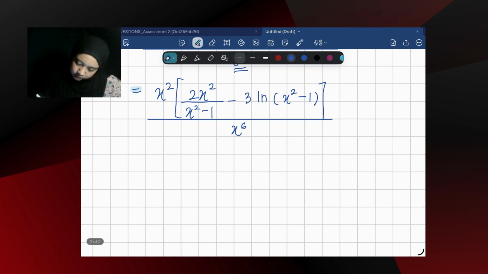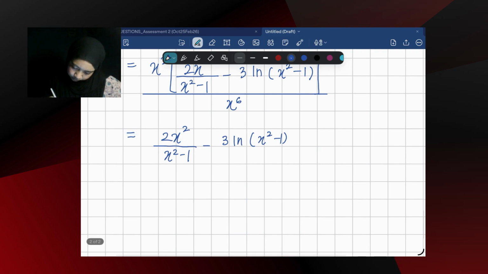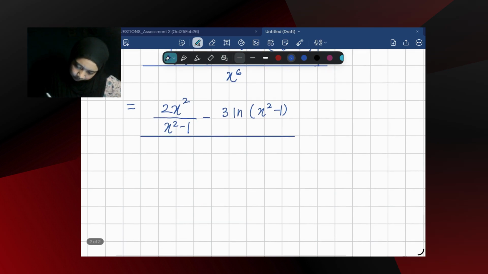So we can cancel out. So we get 2x squared over x squared minus 1 minus 3 ln of x squared minus 1, over x to the power of 4.